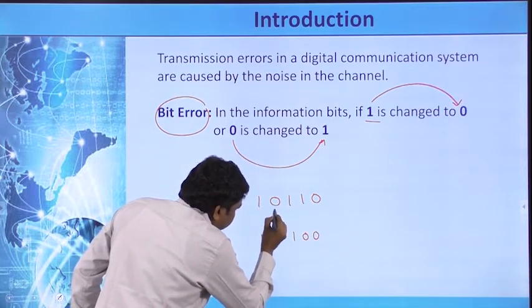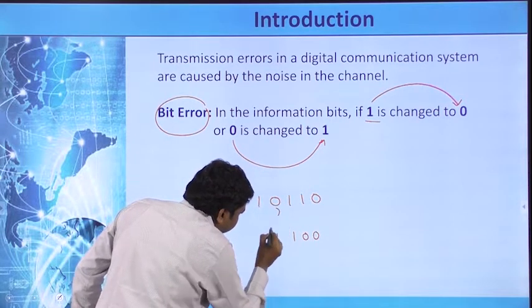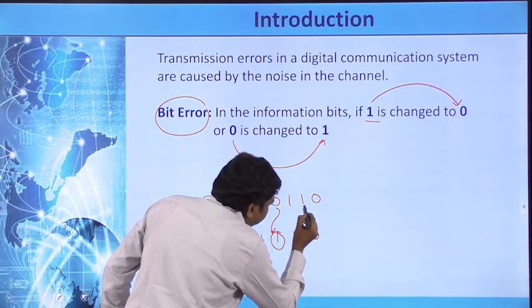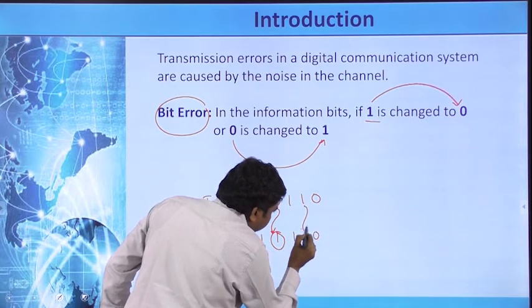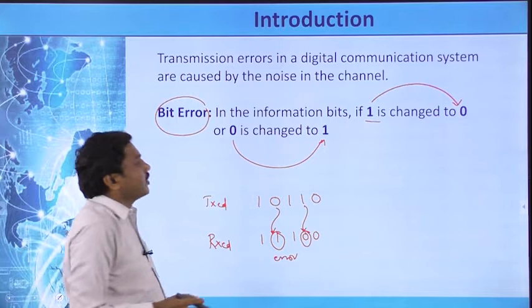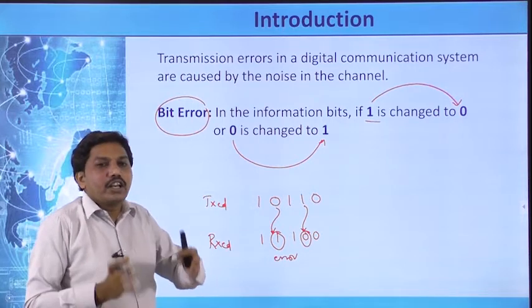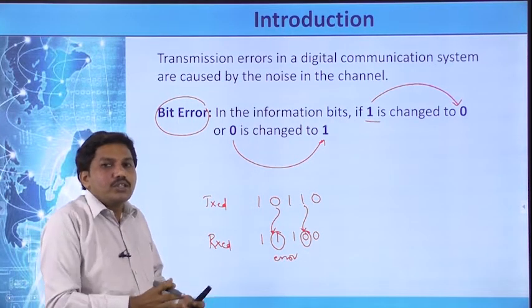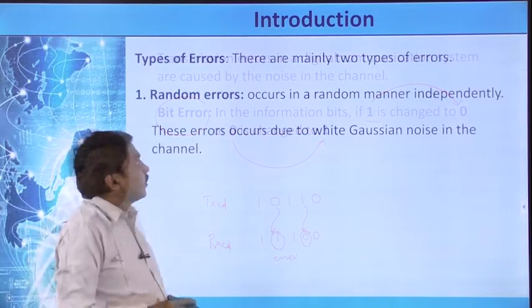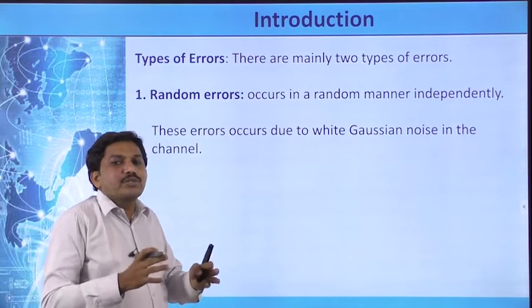If you look here, the transmitted bit is 0, but the received one is 1. That means here it is an error. Similarly here also the transmitted bit is 1, but the received one is 0. So this one is also an error, right? So error means in the information bits, if 1 is changed to 0 or 0 is changed to 1, it represents a bit error.